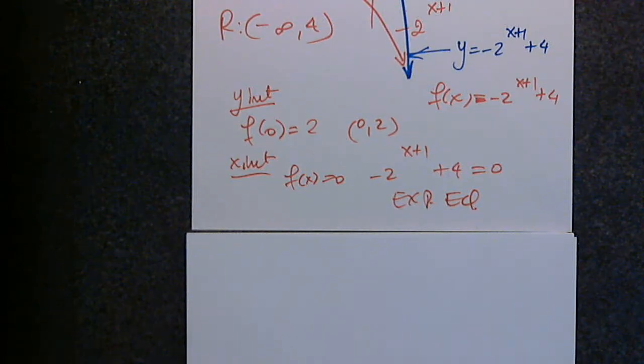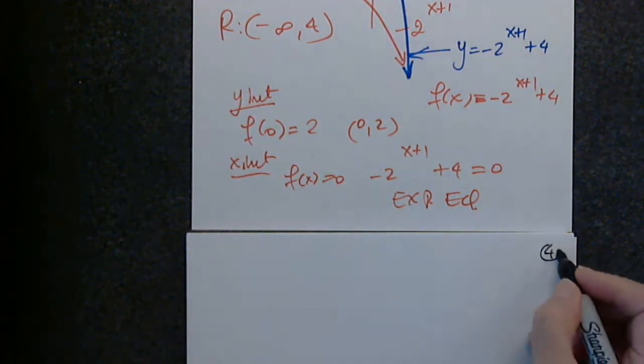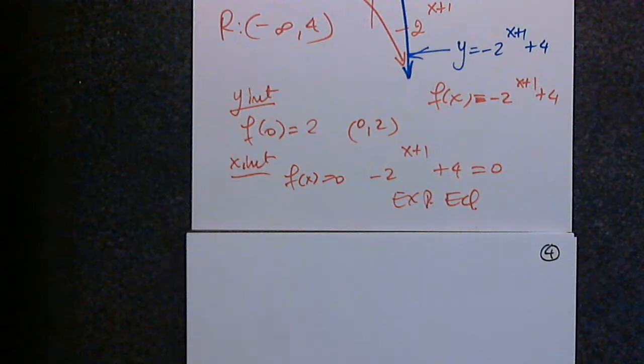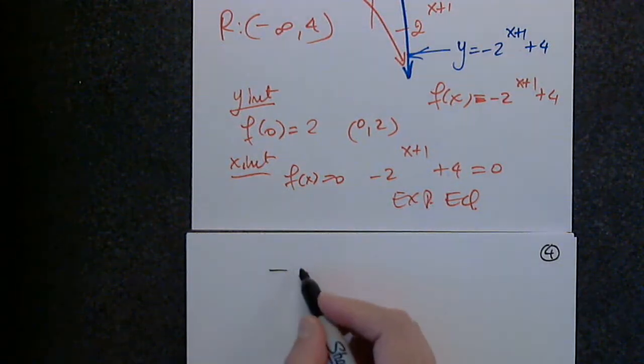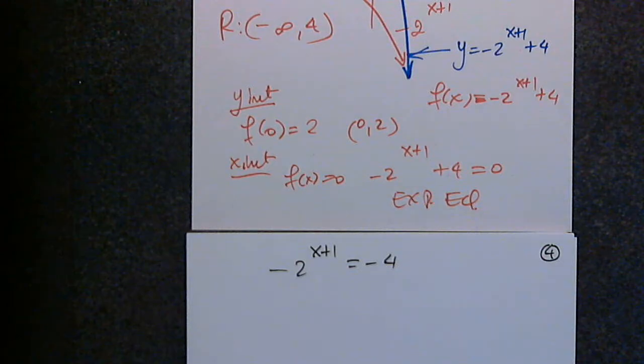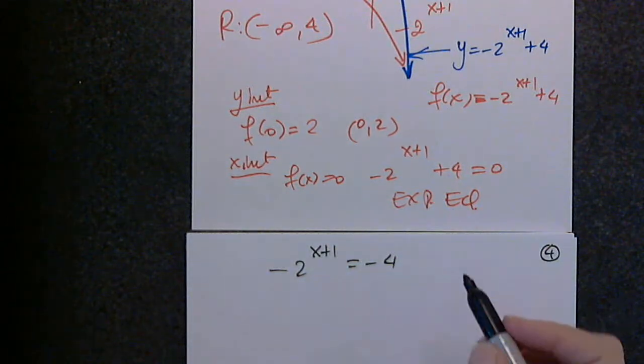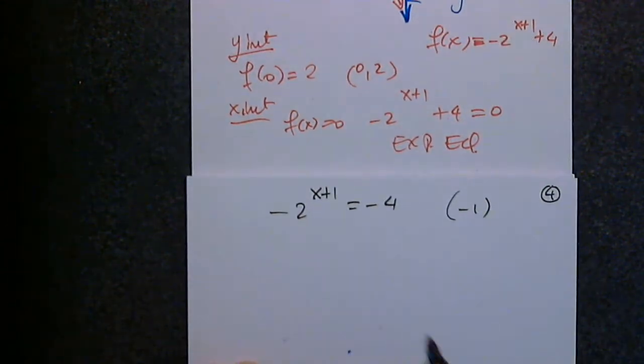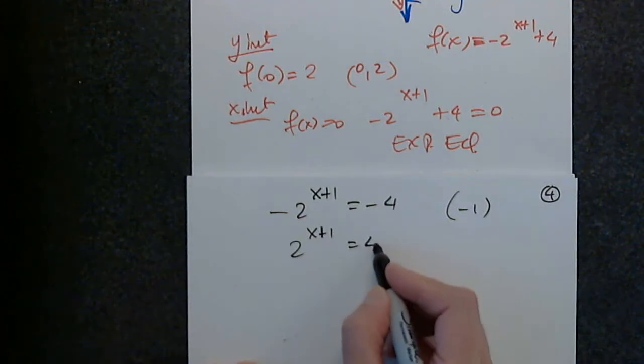Okay, first step. What do you think I'm going to do? Yes, of course. -2 to x plus 1 equals -4. What do you think I'm going to do next? You're going to multiply by -1. Of course, I don't want to deal with negatives, so I want only positives.